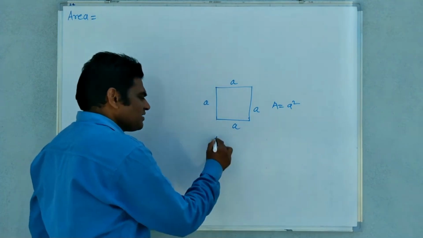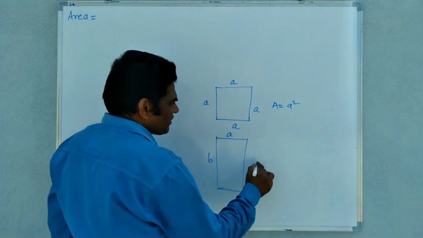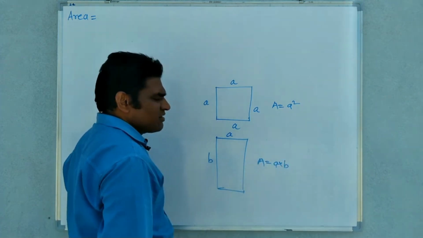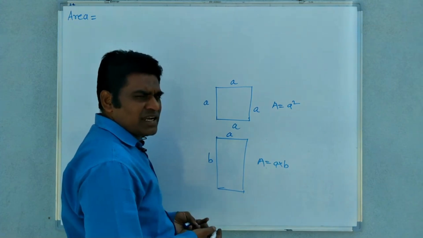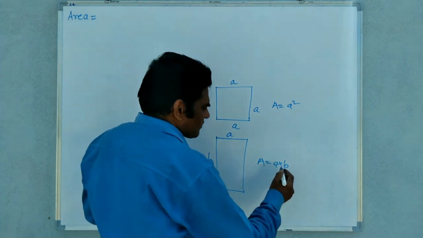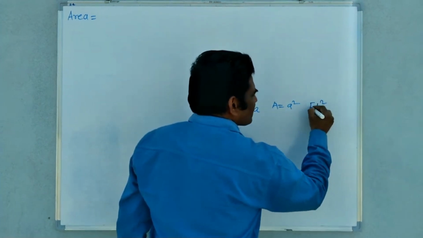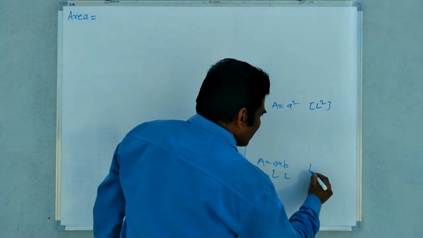If it is a rectangle with sides A and B, what is the area? A into B. You might be thinking, sir, we have studied this already, why are you teaching again and again? But wait. A means what? Length. So length square. Here also this is length, so length square.